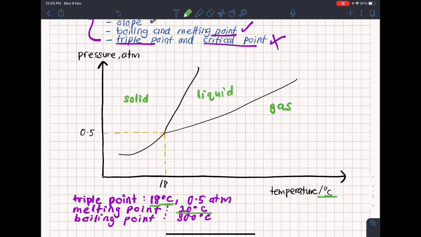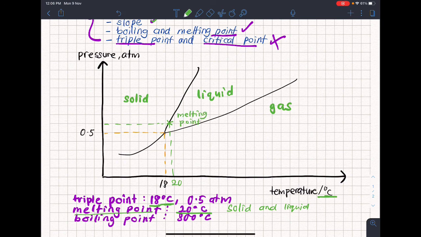You must know that the melting point is between solid and liquid. So the melting point will be on the equilibrium line of solid and liquid, for example, here. You must label here 20 degrees Celsius and label this as the melting point.